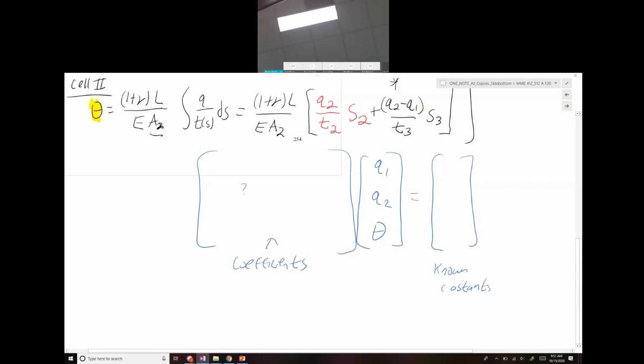This would be, in this case, a 3x3 matrix. And then you could take the inverse of this 3x3 matrix and multiply it by the other side to find Q1, Q2, and theta.